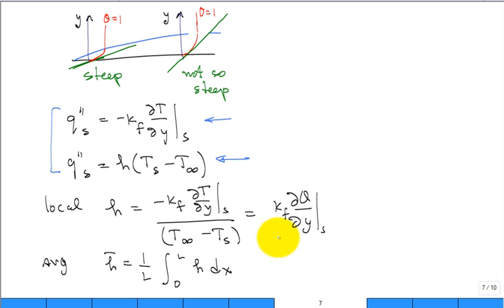Why that subscript f on that k? It's the fluid conductivity. How many times do you give a problem and you'll have, okay, here's the conductivity of the solid, and the student will grab that and use it. It's not the right k, right? Times d theta dy at the surface. And you could then take the local, average it over the length. Make sense?